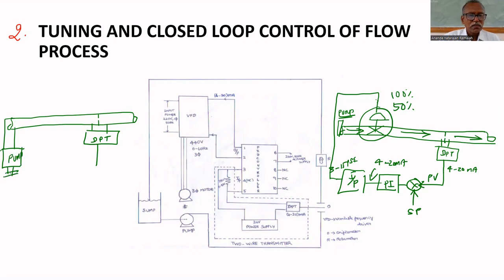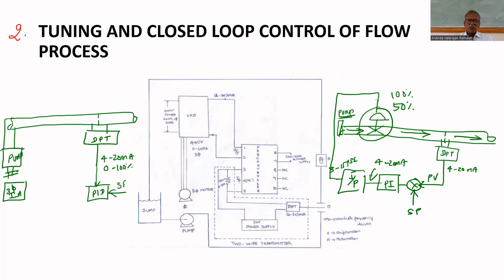Pump is coupled with a motor, 3-phase induction motor. So this differential pressure transmitter gives 4 to 20 milliamps, 0 to 100% flow rate. If no flow rate, 4 milliamps, 100% flow rate, 20 milliamps. That is given as input to the PID controller.